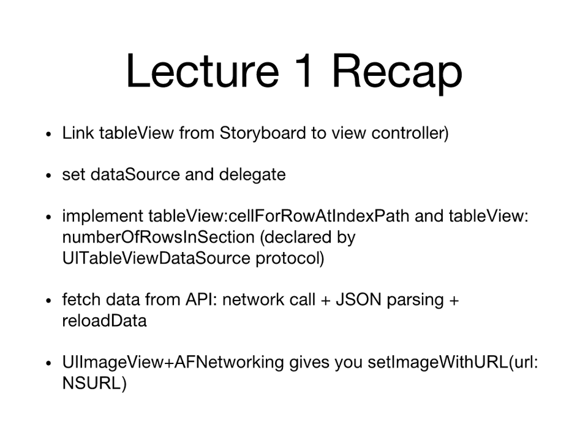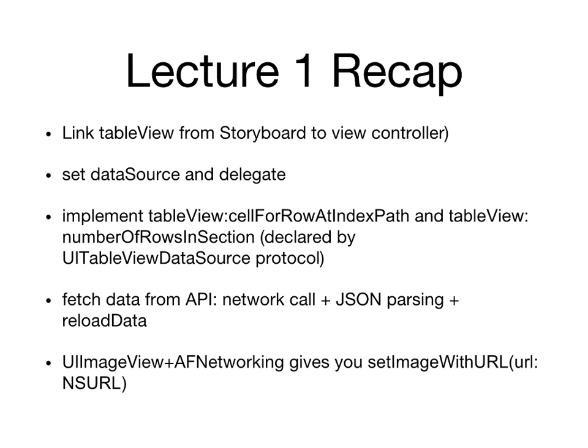Two things you need to remember: number of rows in section, and then cell for row at index path, right? And then the second thing is how do we fetch the data from the API, and then we call some network code. We serialize the JSON. We pack the data into the NSDictionary, and then we reload the data to the table view, right?